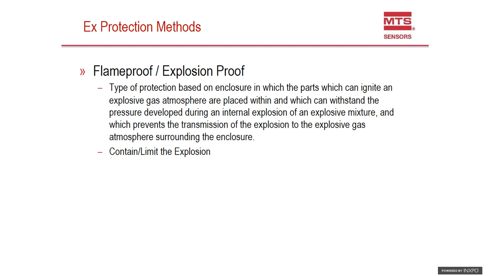And then the rest of the world goes off of one or the other, usually depending on who's doing the engineering effort. But these are synonymous, the same kind of protection method where you're looking at containing the explosion. You're not preventing it from occurring, you're just containing it if it does occur so it doesn't propagate through the rest of the plant or the installation.